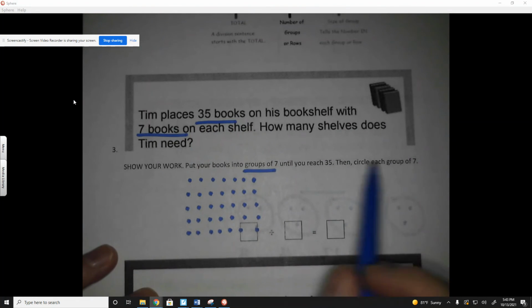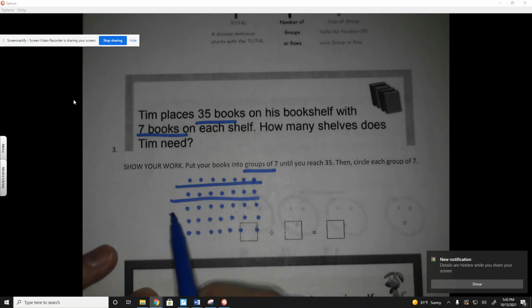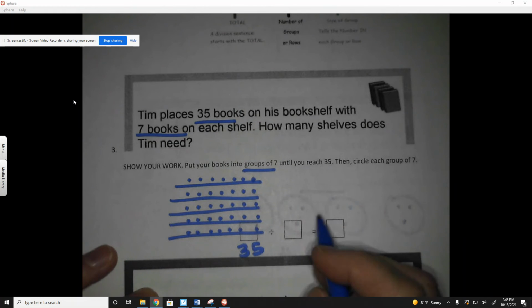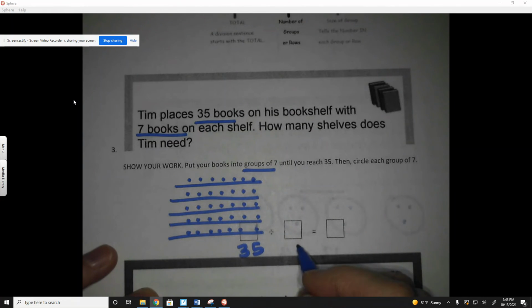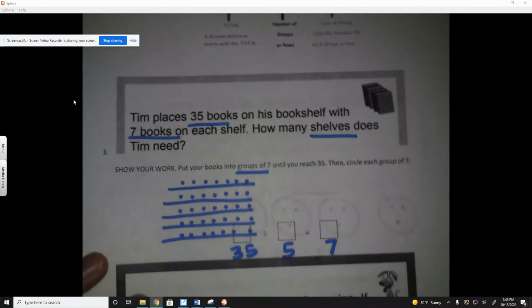So then we're going to circle each group of 7 or count our rows. 1, 2, 3, 4, 5. So 35 books put into groups of 7 means you're going to have them on 5 shelves.